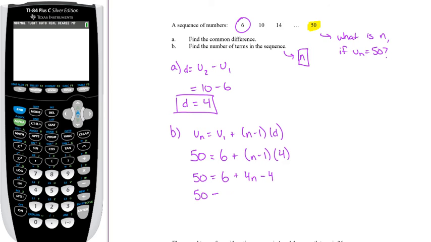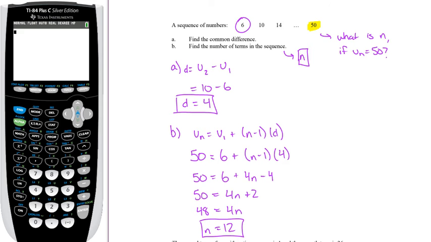Then I get 50 equals 4n plus 2. So 48 is equal to 4n, which means n is 12. So the same equation and a little bit of algebra can help me identify what the term number is. This formula doesn't exclusively have to be used to find a term value. It can also be used to find a term number, or to find d, or to find u1. It just depends on the information you have available.